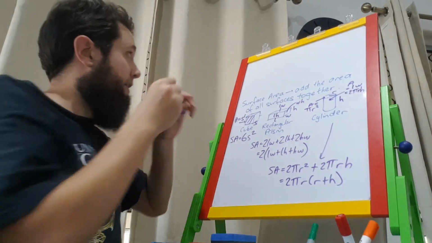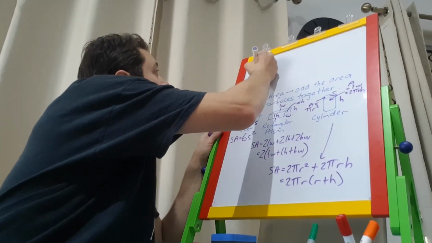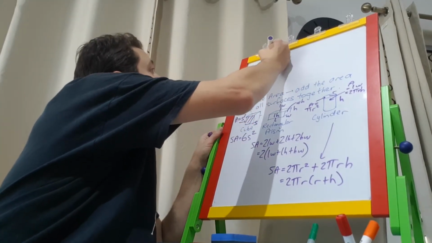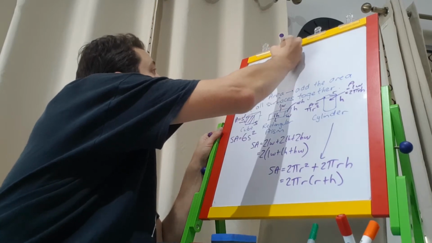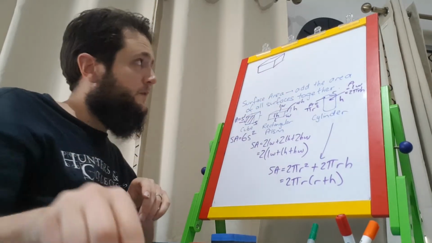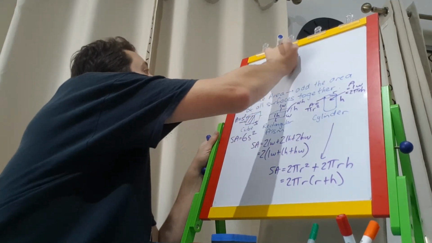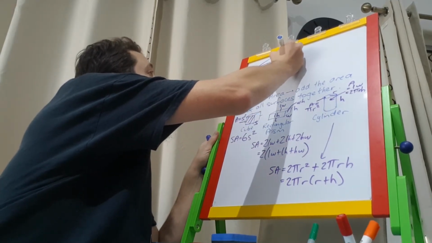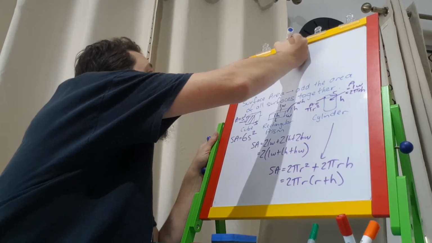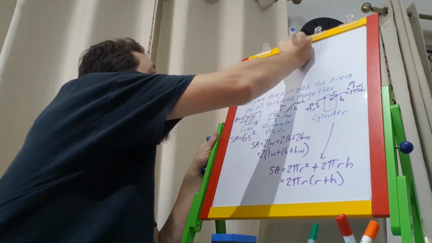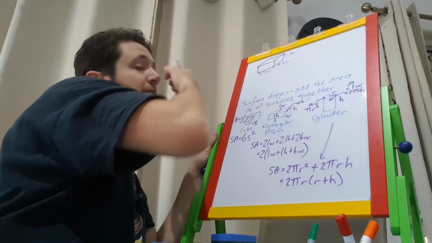So I might do a rectangular prism first. I'll do 7.2 meters by 4.6 meters and 2.8 meters. There we go.